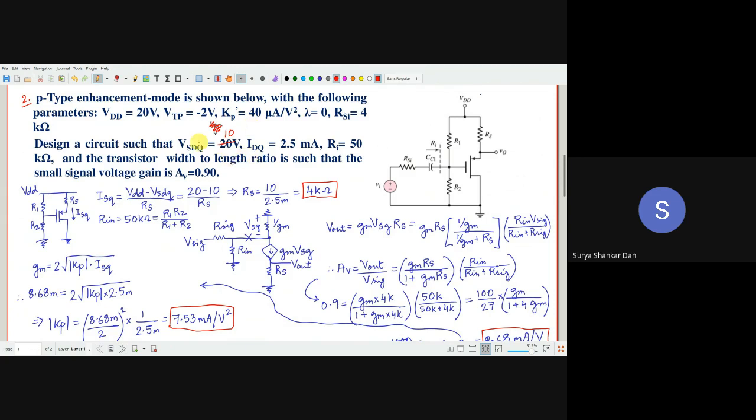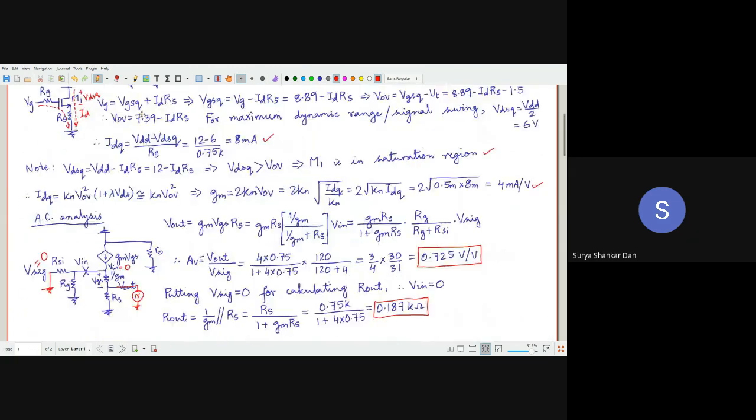So there is a typo over here. Notice that VDD is equal to 20 volts, given, and VSDQ is also 20 volts. That's impossible. So it should be 10 volts. There is a typographical mistake in the question. So it will be 10 volts, and 10 volts, as I said, is preferred because VSDQ will be half of the VDD, as we had done in our previous problem as well.